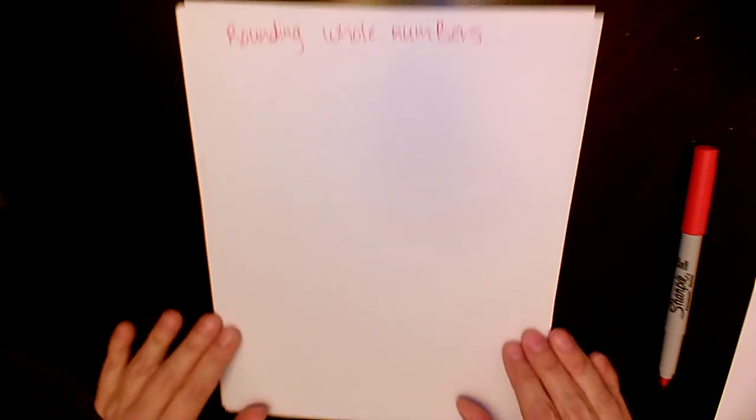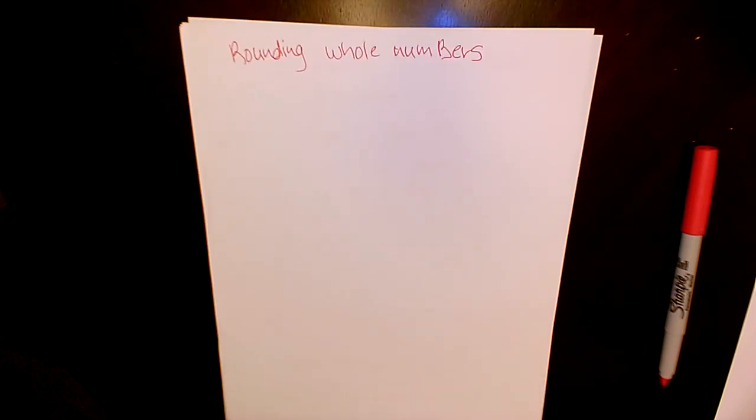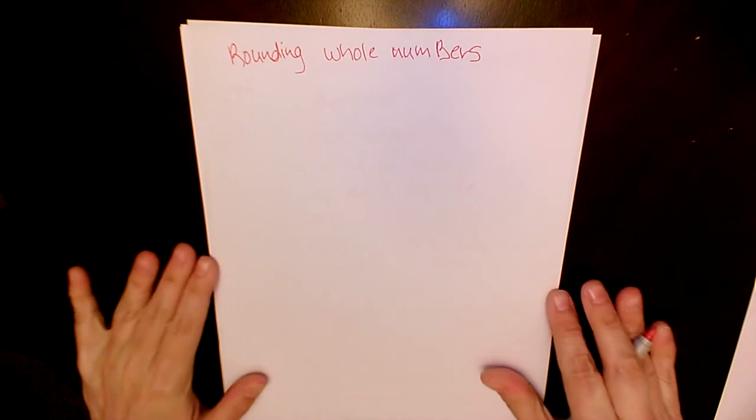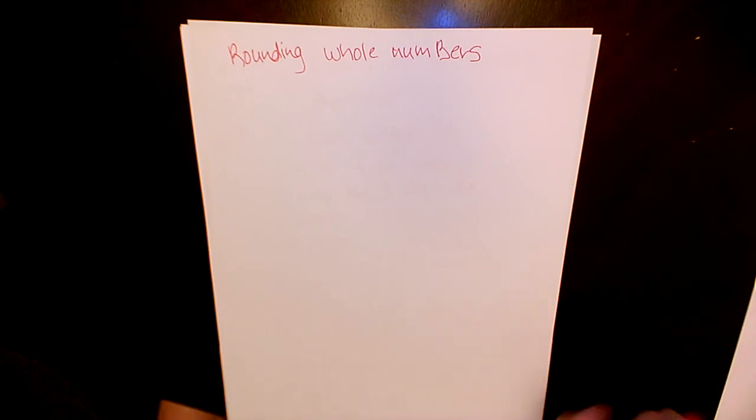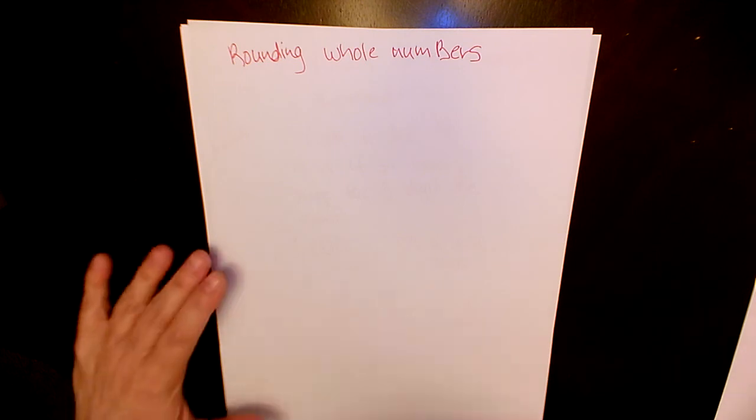Last thing we're going to be doing in section 1.1 is rounding whole numbers. So there's two ways they talk about in the book that you can do this. One is by following the rounding rules, and another is simply by putting it on a number line.